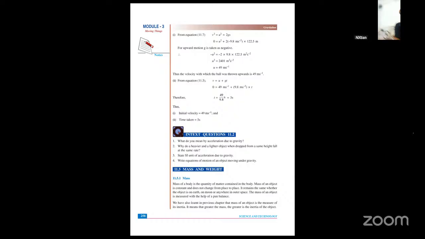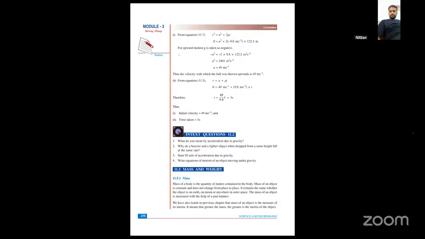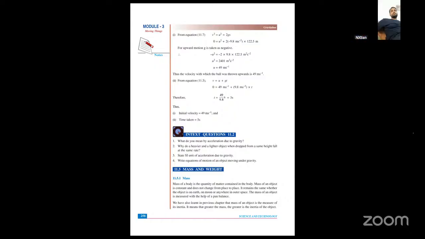Good. Ira, do you have any? I don't know. You don't know. Edric, what are your views on mass and weight? Sir, the mass will determine the gravity, but the weight doesn't. Oh, you're saying the opposite.